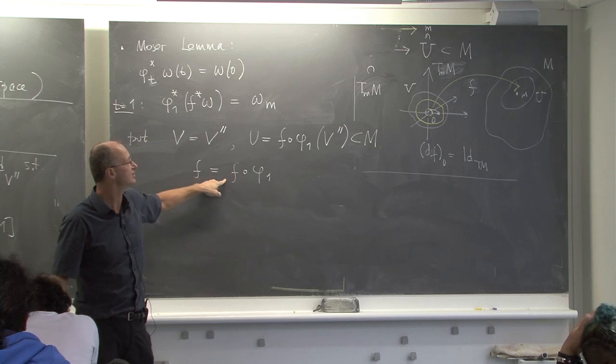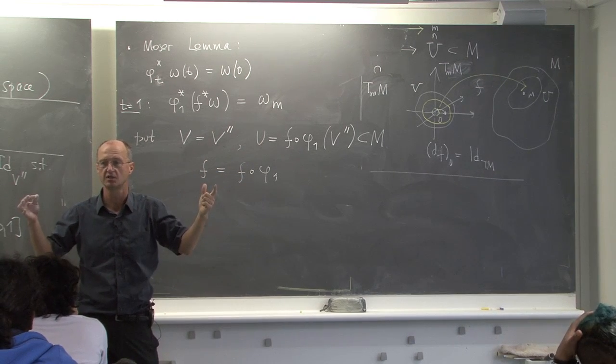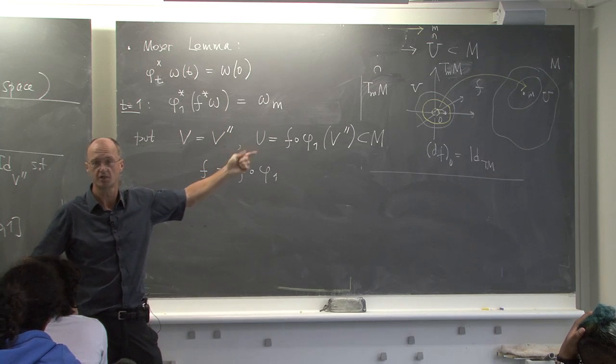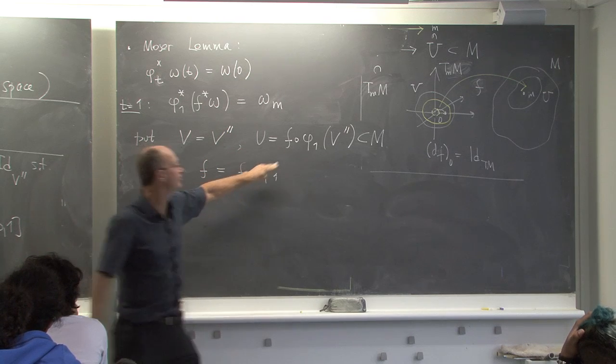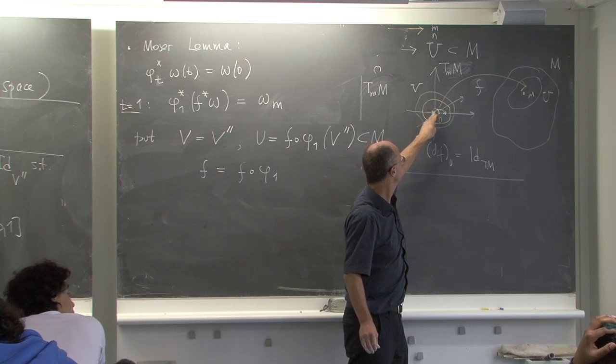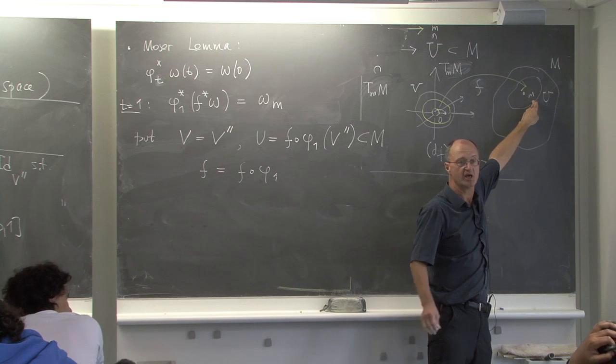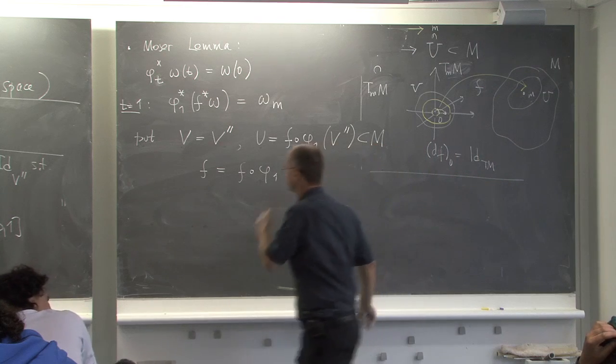Right? So I started with some map F, which was just some map defined in the chart. Now it was a wrong map. If I correct it with phi 1, so phi 1 is a diffeomorphism which acts here, and then after that map it with F over there.